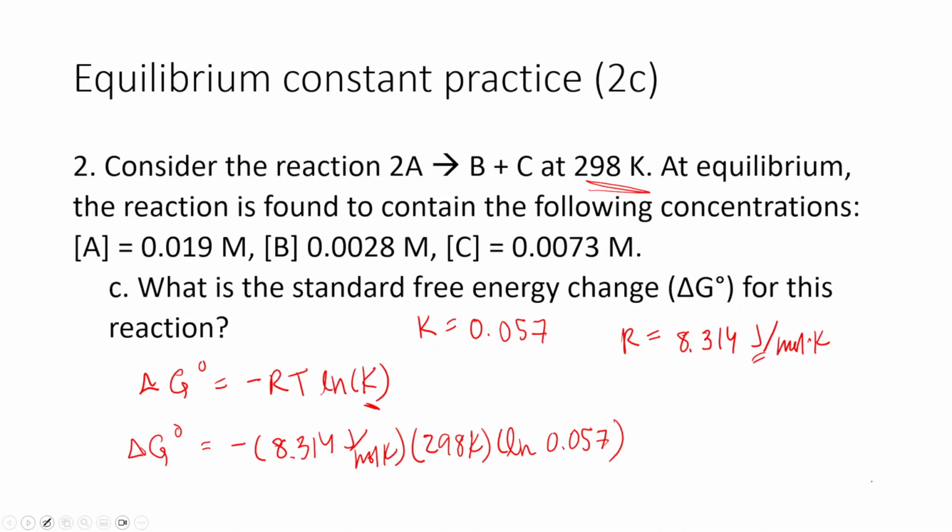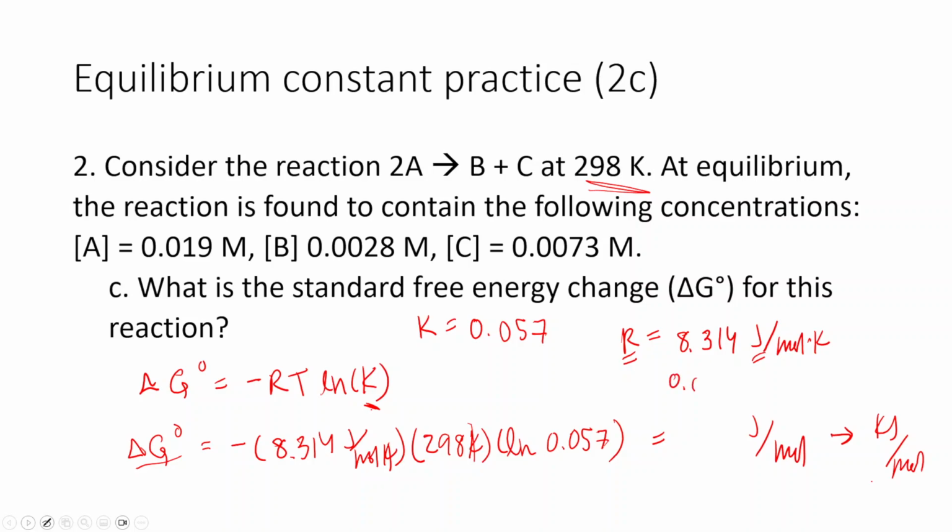So that's one way you could solve it. The K's cancel out, so you end up with something in joules per mole. You have to change that to kilojoules per mole because we're reporting delta G. The other way you could solve it is you change R. So instead of making it 8.314 joules per mole K, you can divide by 1,000 to get kilojoules.